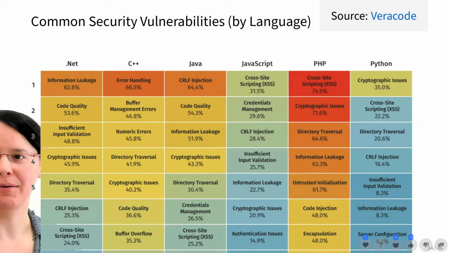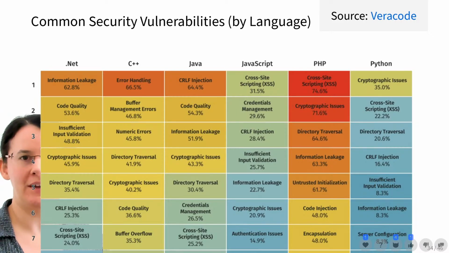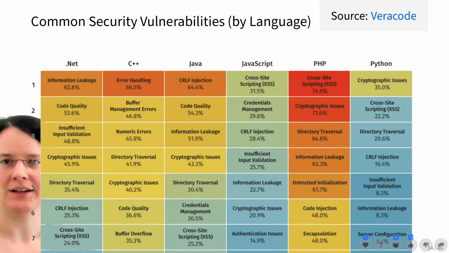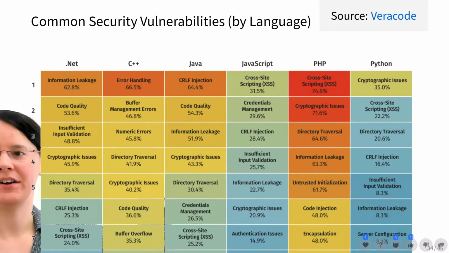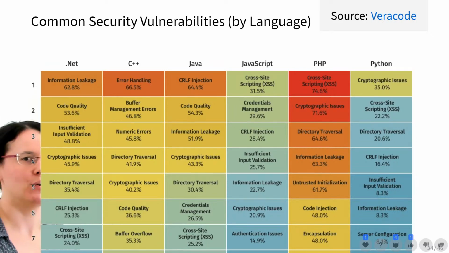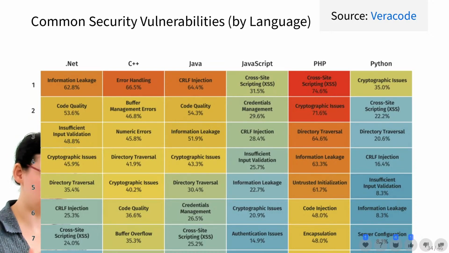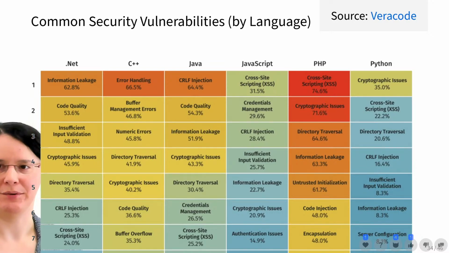So you will see, for example, unsurprisingly, if you look at implementations in C and C++, one of the big issues there is buffer management. So out of bounds errors, something like that, which we'll also hear more about in the system security part.